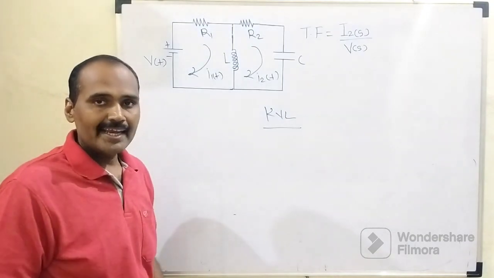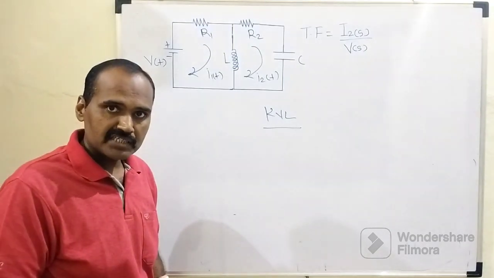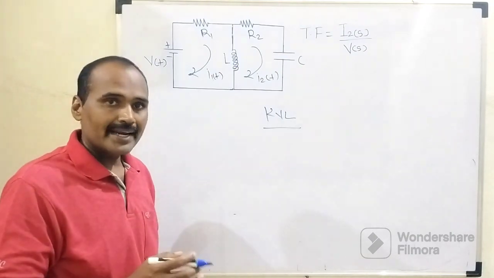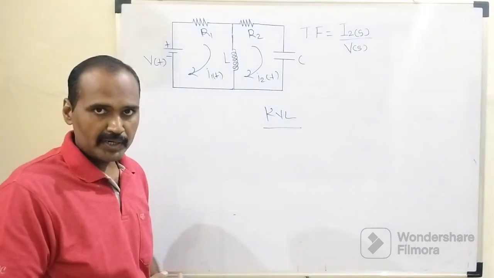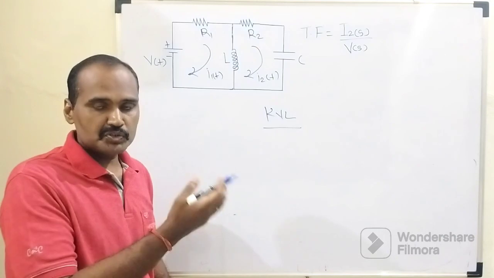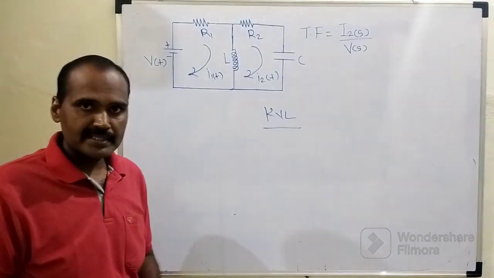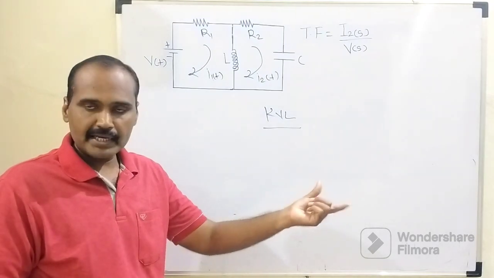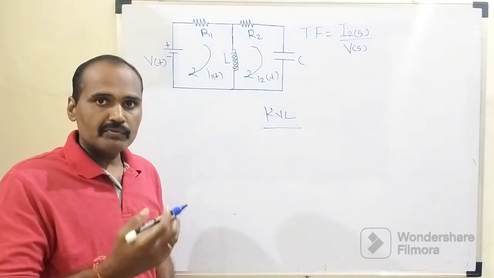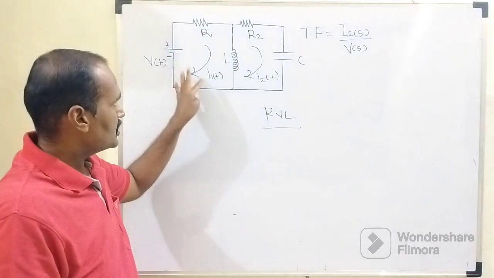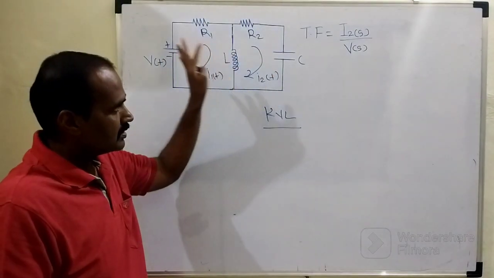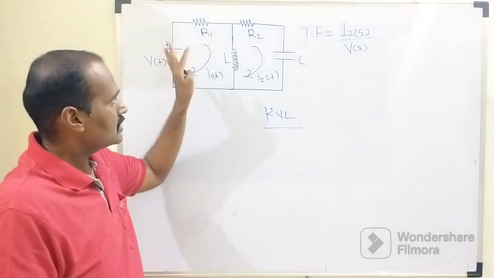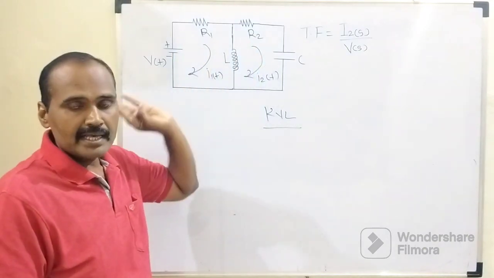Then, in order to determine its transfer function, we need to recall Kirchhoff voltage law. According to it, the summation of ohmic drops belonging to each and every element is equated to 0. We need to apply this Kirchhoff voltage law to the first loop as well as the second loop.